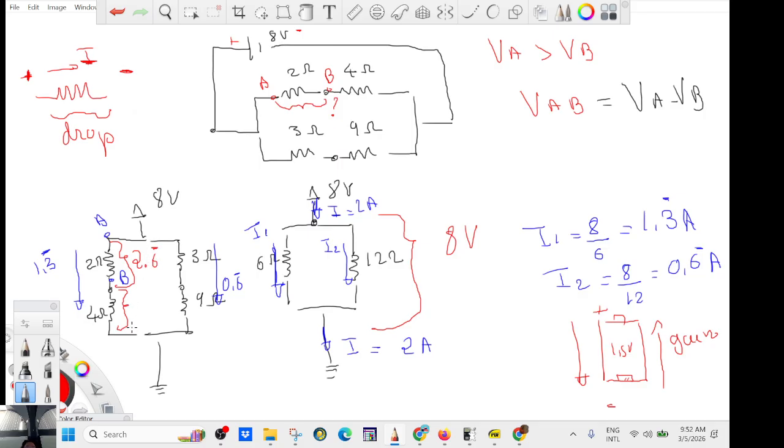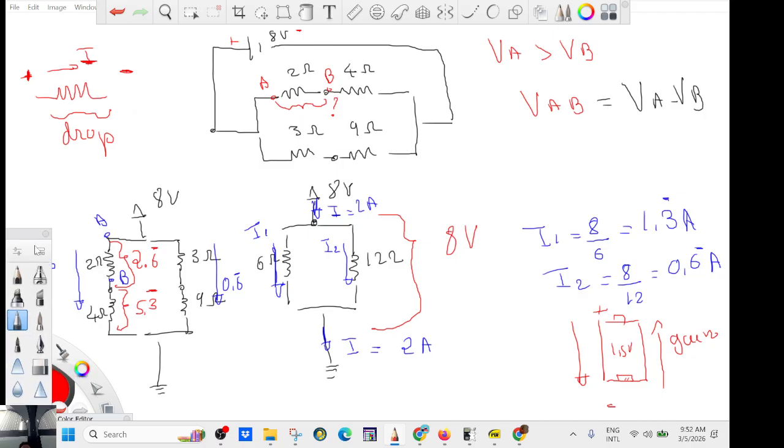And the other one will be 8 minus 2.666666 repeating, which is 5.3 repeating. So 2.6 repeating plus 5.3 repeating is 8. Agree? Because the question was to find that voltage drop.